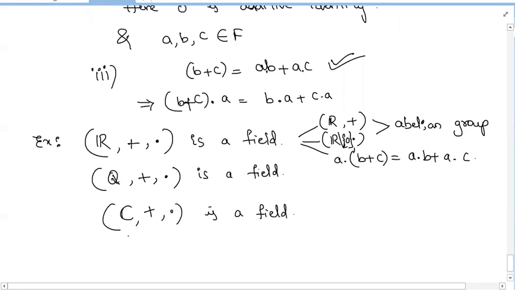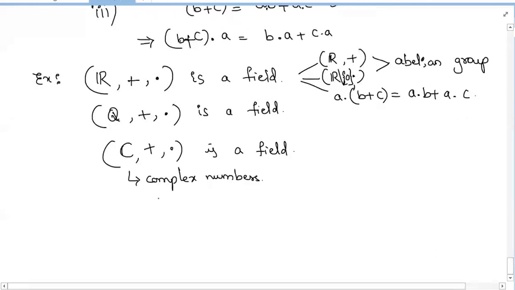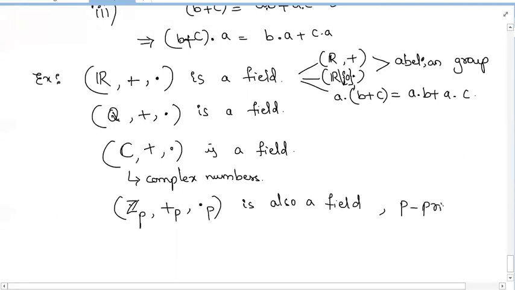Do you know any other field other than these three? There is something called Z_p, with modulo addition and modulo multiplication. This is also a field if p is a prime number.